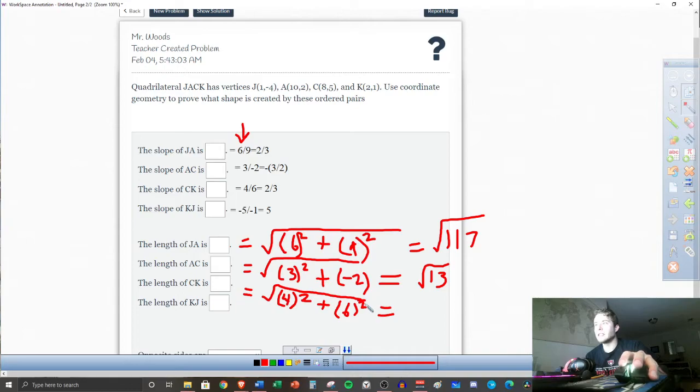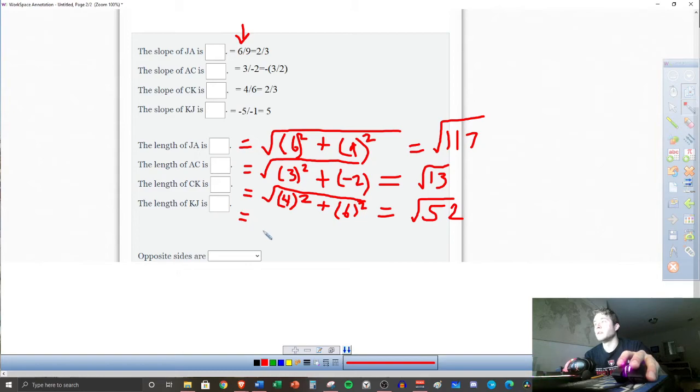So that's 16 plus 36. That's going to be square root 52. And then we do the last one, which is not just 5. We have negative 5 and negative 1. So negative 5 squared plus negative 1 squared. Okay. So that's going to be 25 plus 1, so square root 26.